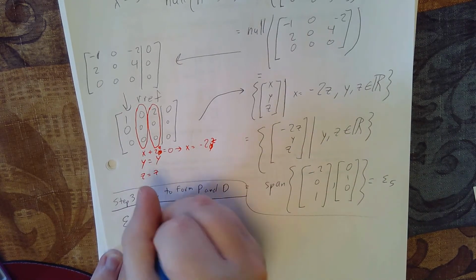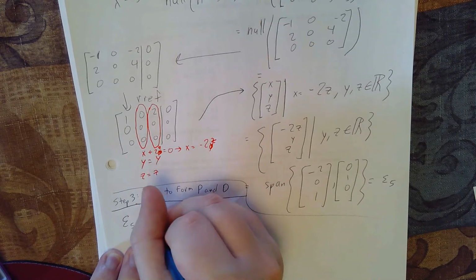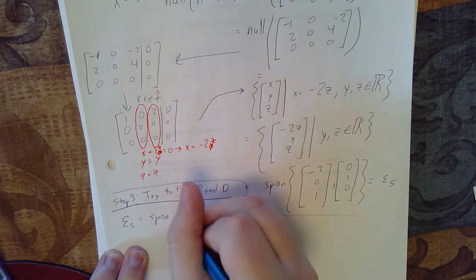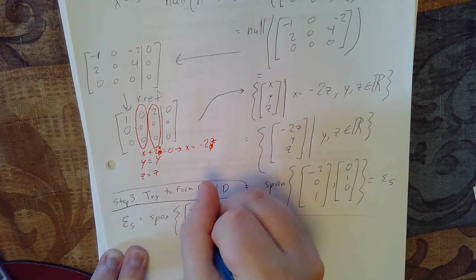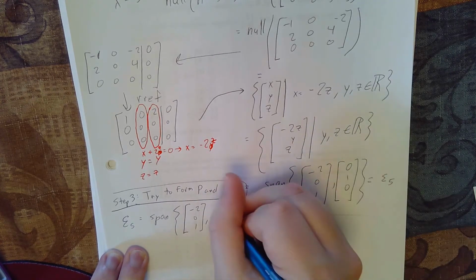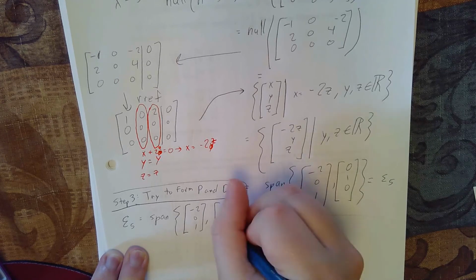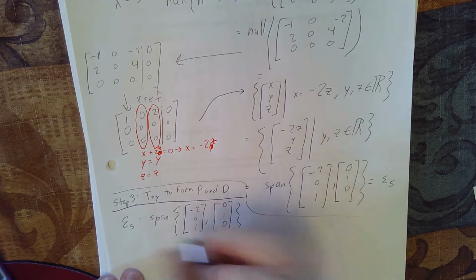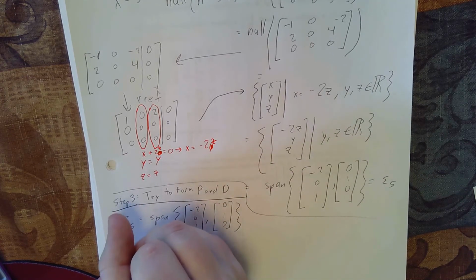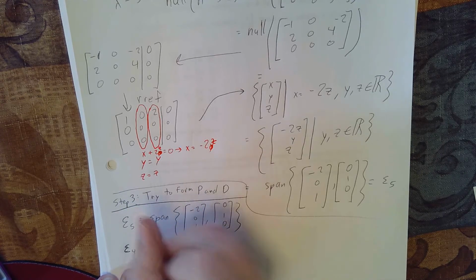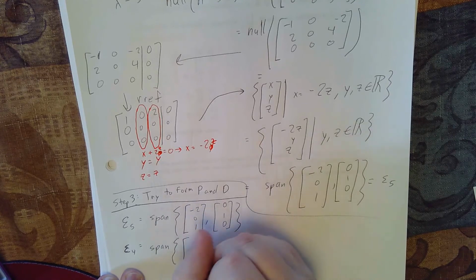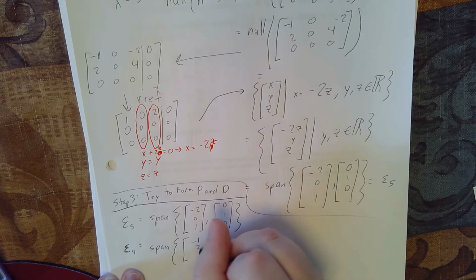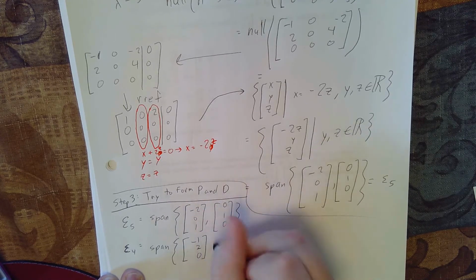So we said that our eigenspace for the eigenvalue of 5 is the span of negative 2, 0, 1, and 0, 1, 0. And we were told that the eigenspace associated with 4 was the span of negative 1, 2, 0.